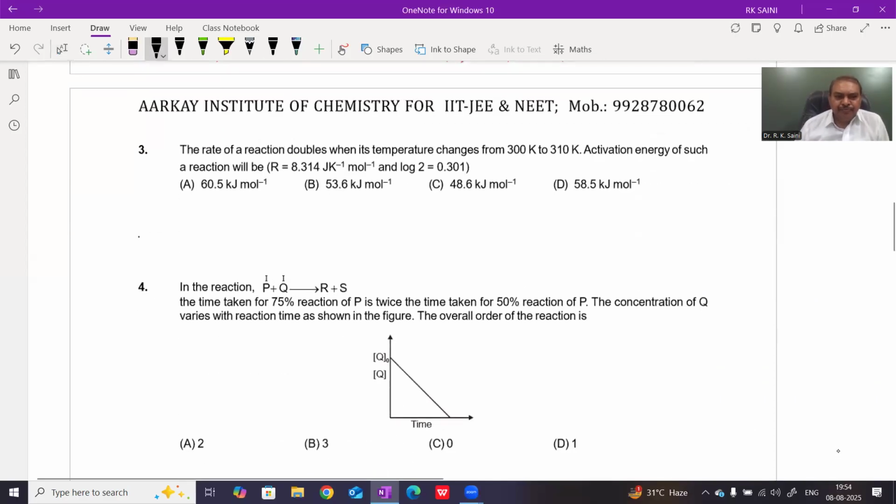The rate of reaction doubles when temperature changes from 300 Kelvin to 310 Kelvin. The activation energy of such a reaction will be.